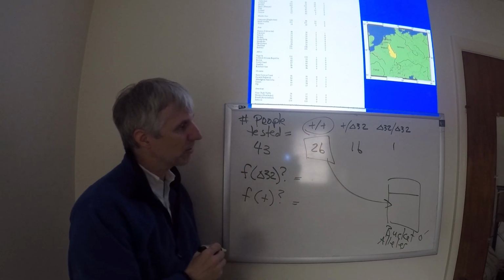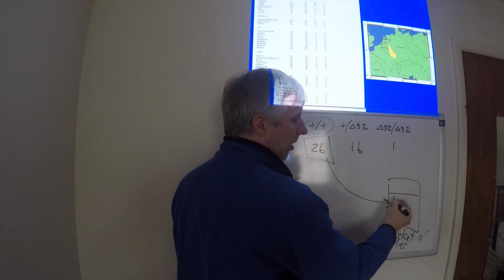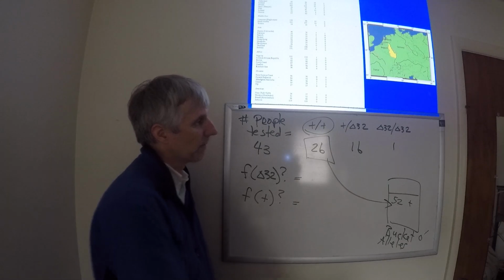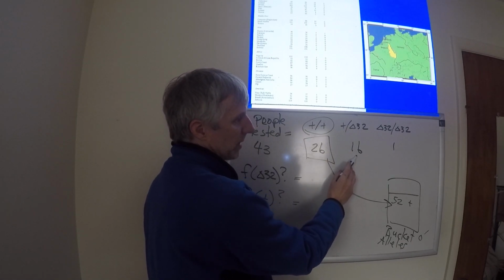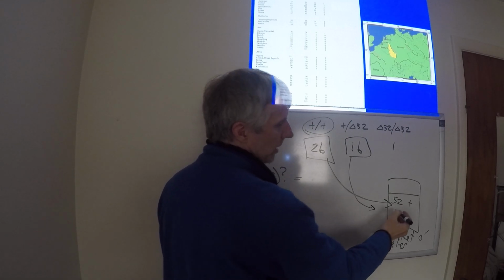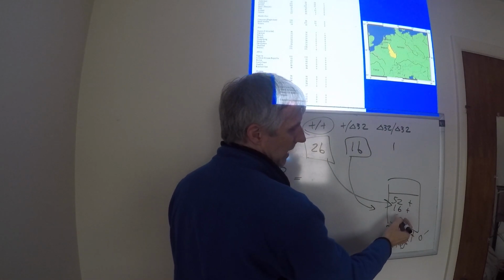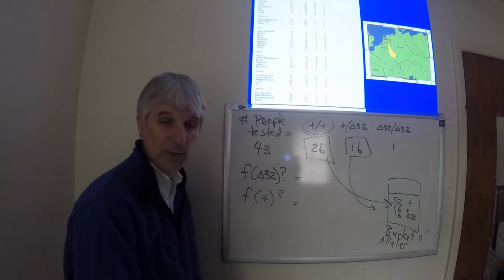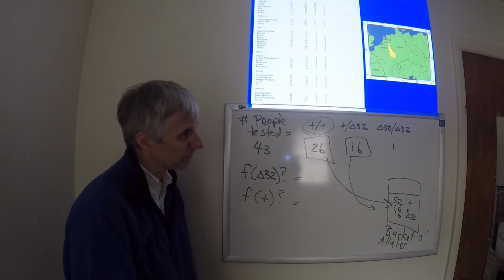Of the 52 contributed, they're all wild-type alleles. These individuals contributed 32 alleles, but their 32 alleles consisted of 16 wild-type and 16 delta 32 alleles.